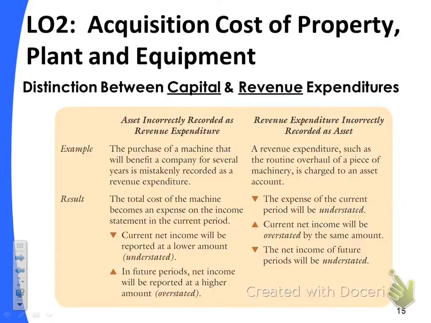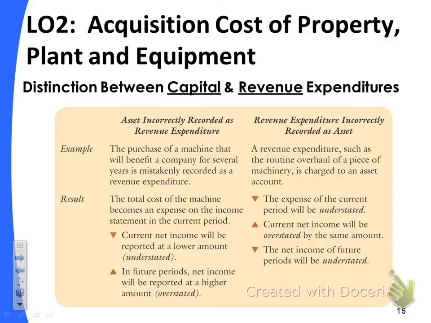So let's look at some distinctions between capital and revenue expenditures. For example, the purchase of a machine that benefits the company for several years is mistakenly recorded as a revenue expenditure. The result is that the cost of the machine gets expensed in one period. Current net income would be reported lower than it should be, so net income would be understated, and in future periods our income would be overstated.